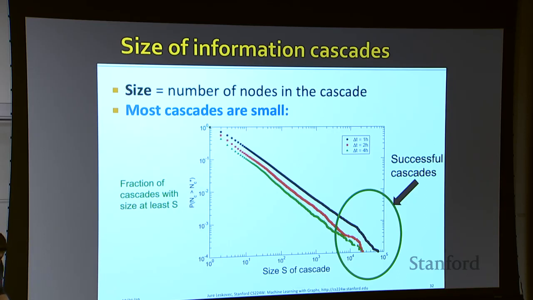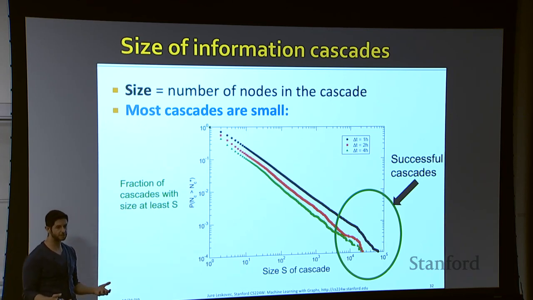The property that the authors focus on was the size of the cascade tree, which is not necessarily the only property that you might want to analyze, but it's definitely the most intuitive one. You want to see how many people are retweeting or writing about a certain hashtag after a person has tweeted about it.